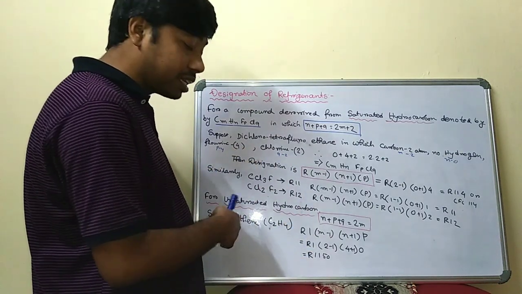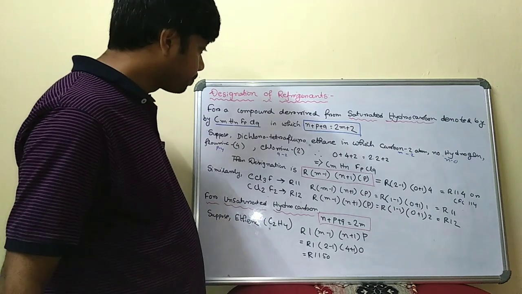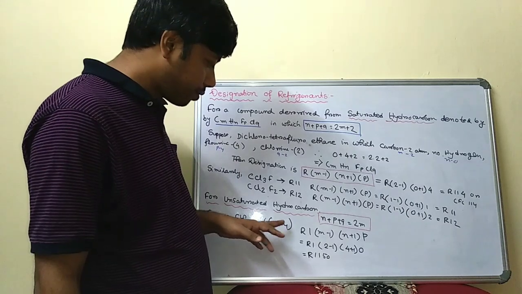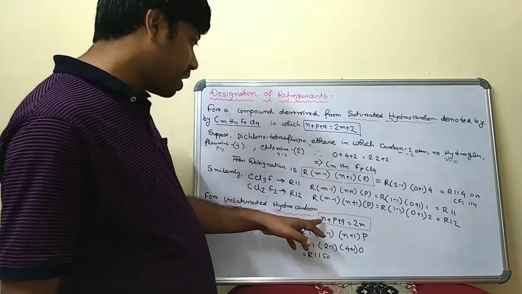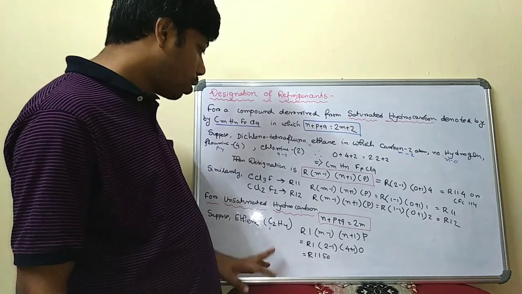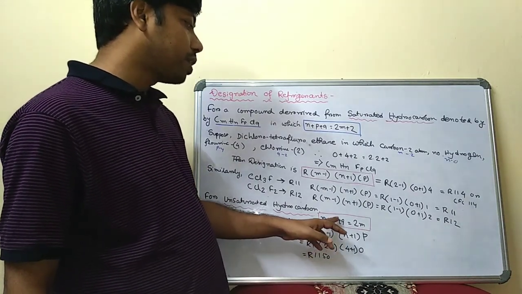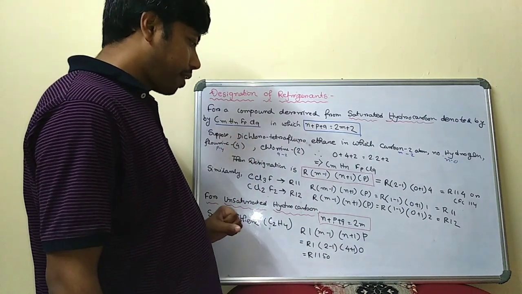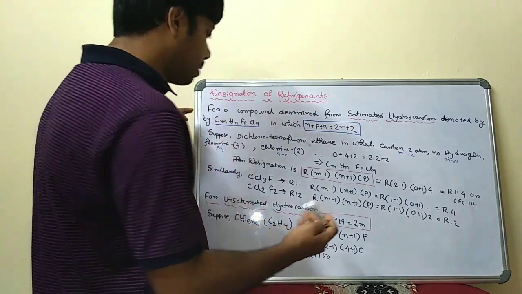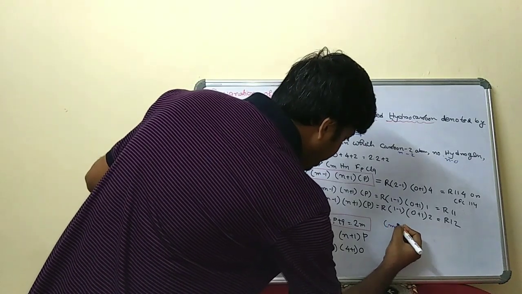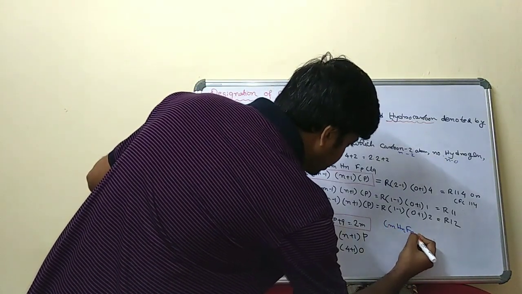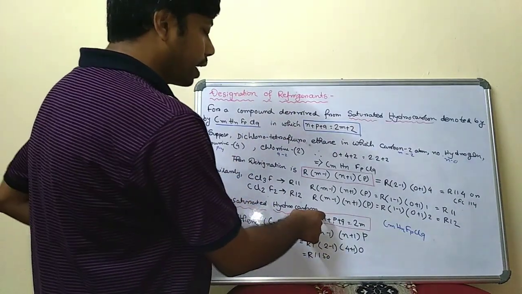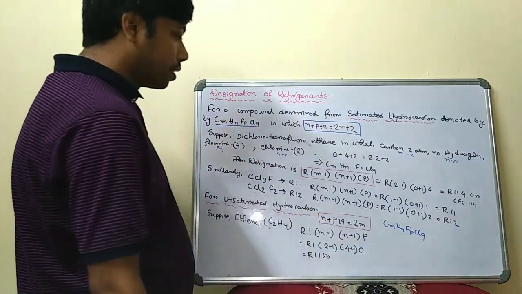If you want to designate this refrigerant, C2H4, it does not follow N plus P plus Q is equal to 2M plus 2. So it follows N plus P plus Q is equal to 2M, so it is an unsaturated hydrocarbon. Here also the formula is CM, HN, FP, ClQ.